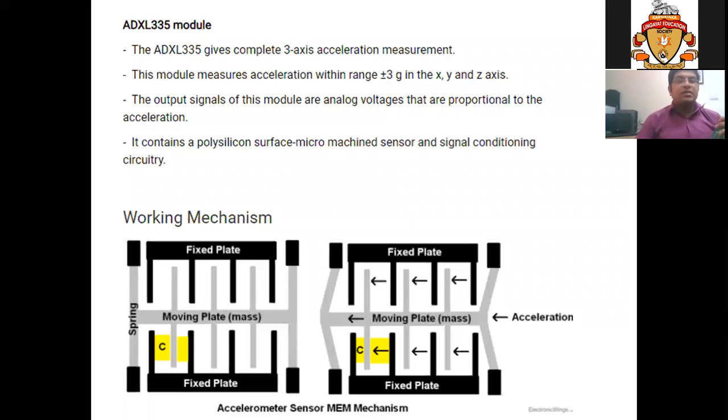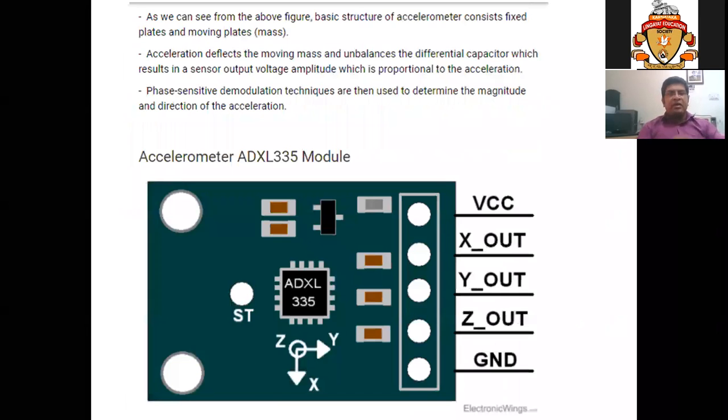How it works: the working mechanism consists of a fixed plate and some moving plates. Whenever there is an acceleration, the distance between the fixed plate and the moving plates changes, and the capacitance between them also changes. By reading those capacitance values, you can measure the acceleration.